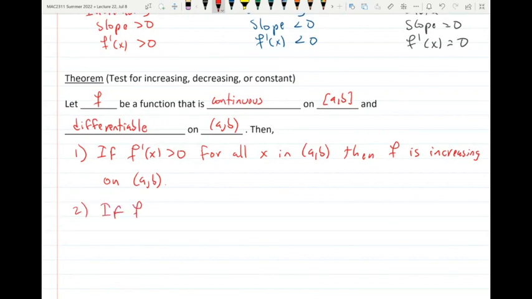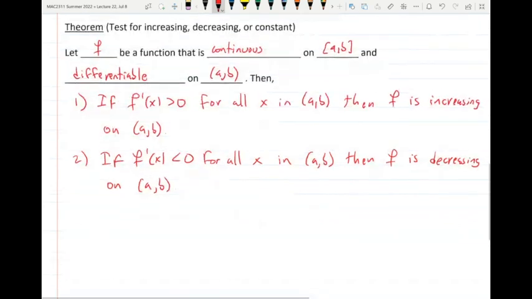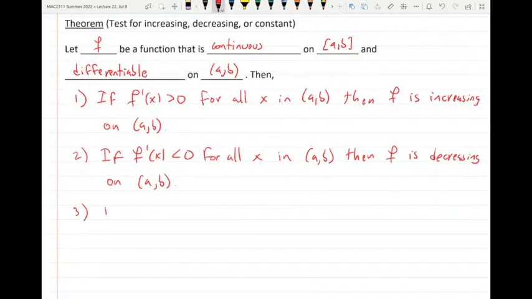Number two, if the derivative is negative for all x in (a, b), then f is decreasing on this interval.